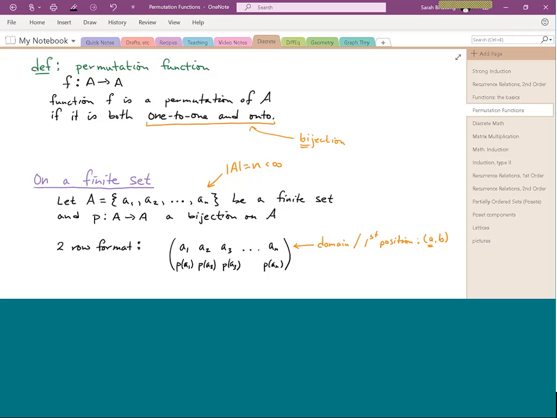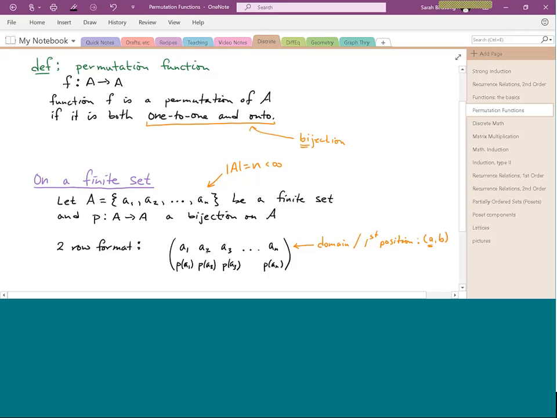Okay? Note this particular notation right here, this two-row format, is only something that would make sense if you have a function. Why? Because for functions, every single first position in your ordered pair has exactly one second position. This format doesn't make sense if you have two second positions corresponding to one first position, because it wouldn't look like a matrix.